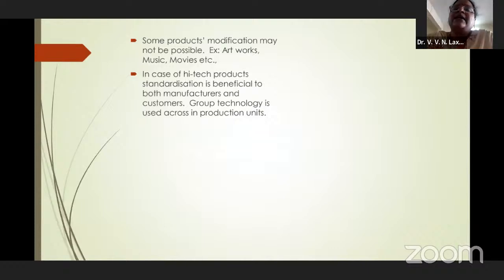Now, there are certain products where modifications become impossible. For example, we have artworks, music, movies. Movies can be dubbed, but the original characters and the original actors may not be replaced. If they are replaced, it will be a new movie, that means a new product.